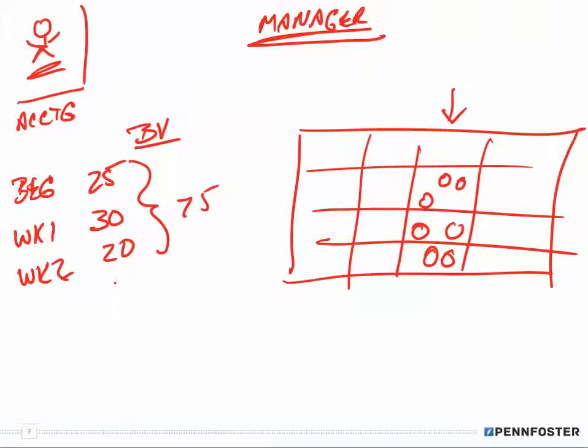And of course, we know that there's not 75 in the case. The manager puts them out for sale, and of course people come along and they're buying some more.